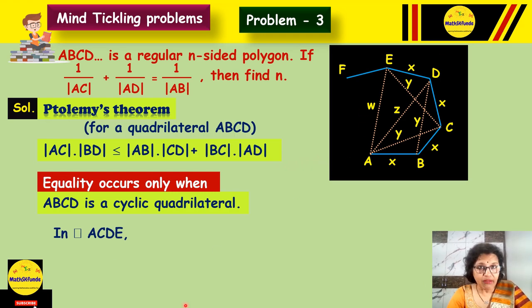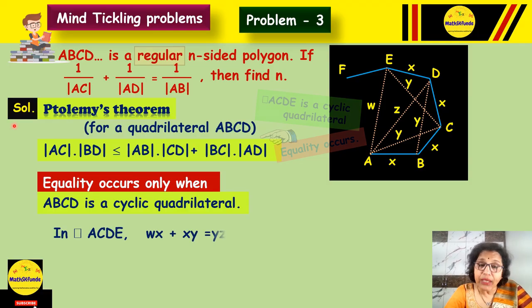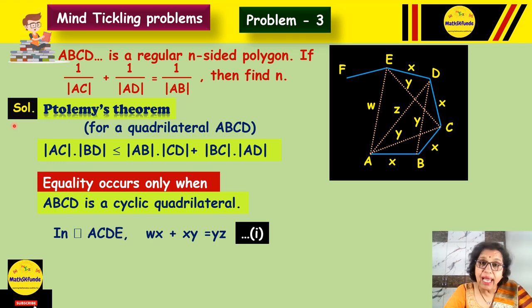But have you observed one thing, that this polygon is a regular n-sided polygon. A regular polygon means one which can be inscribed in a circle. So this polygon can be inscribed in a circle. So obviously ACDE would be a cyclic quadrilateral. Don't forget that. So equality would occur here, right? Instead of less than or equal to, I would write the equal to sign there.